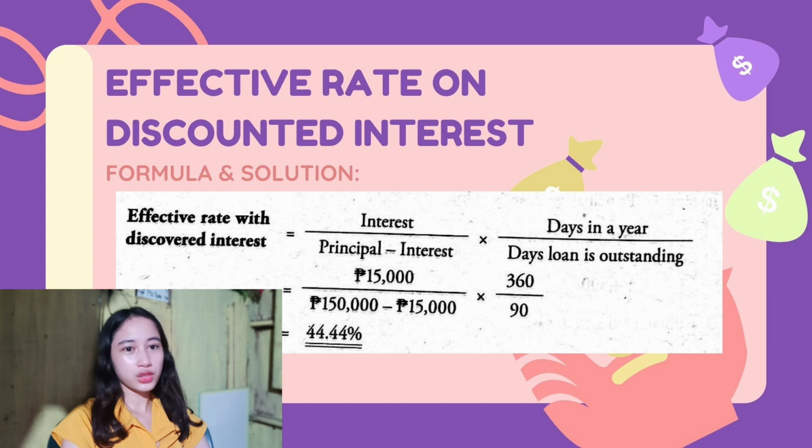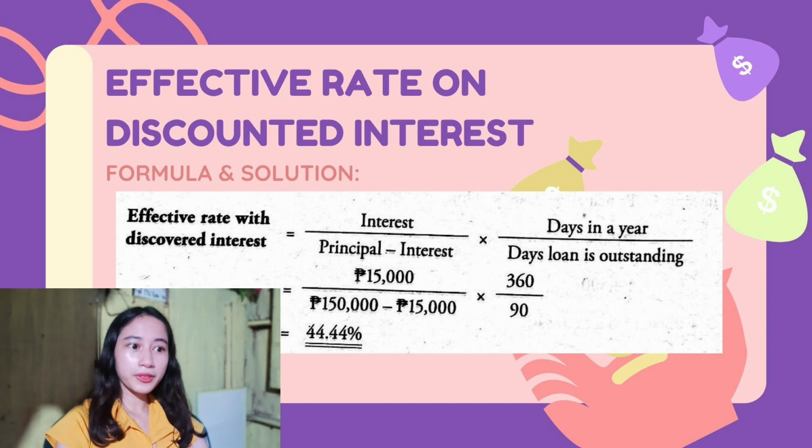The interest is 15,000 and the principal is 150,000. So we subtract the 15,000 interest from the principal, the 15,000 is the interest in the numerator, times 360 divided by 90, and we will get 44.44%, and that is our effective rate with discounted interest.